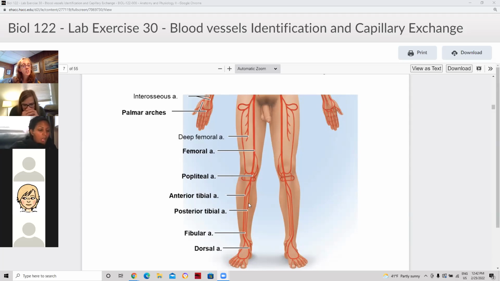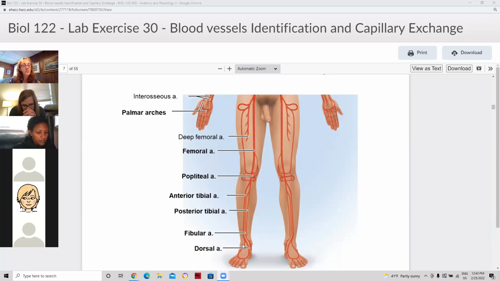Posterior tibial artery is going to branch off from the fibular artery. It's going to run next to the fibula. And then we have the dorsal artery.